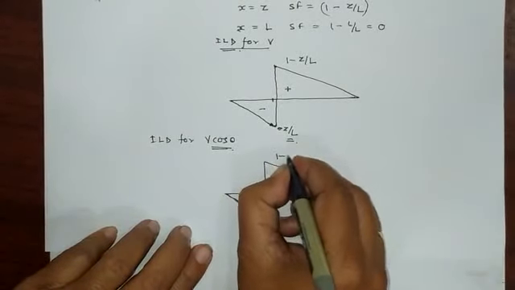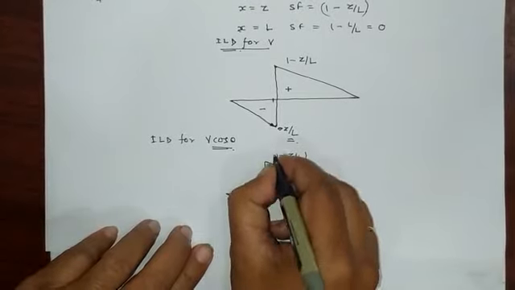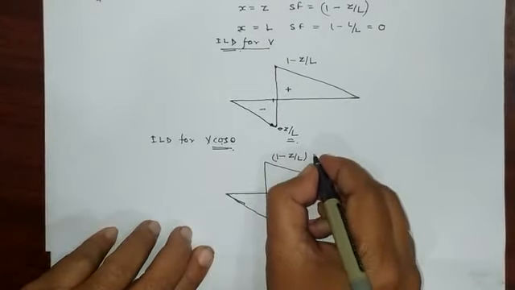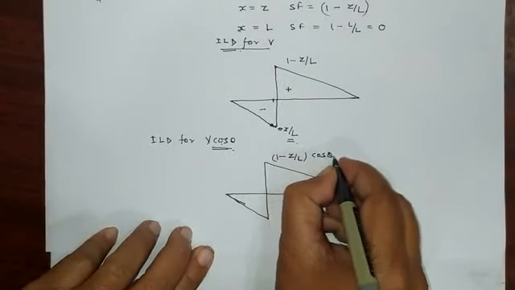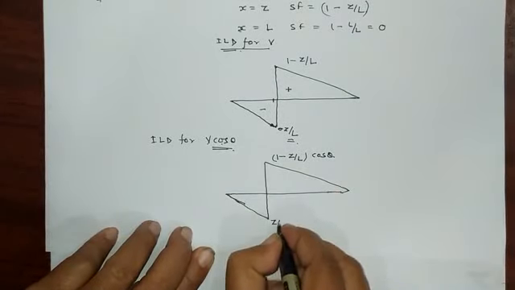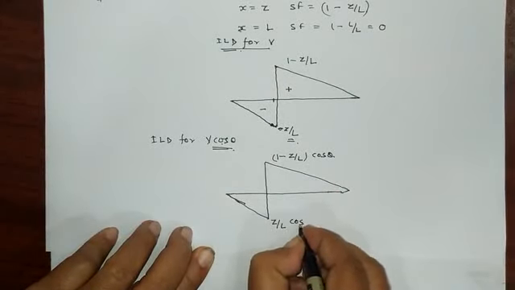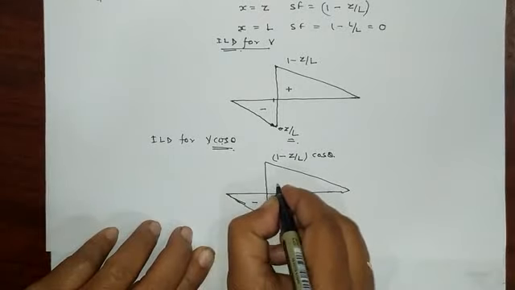This is 1 minus Z by L, here multiplied by cos theta. And here Z by L is multiplied by cos theta.